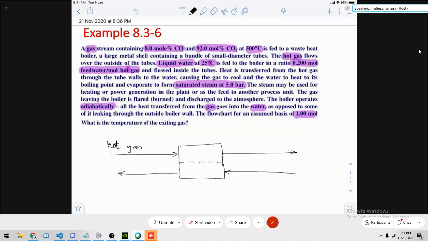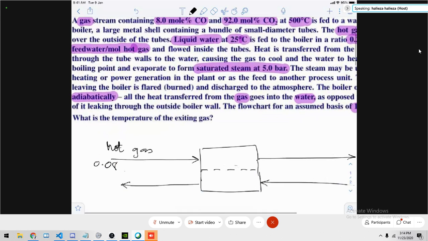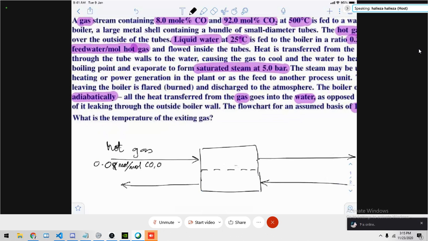You have 8 mole percent, 0.08 mole per mole of carbon monoxide, and the rest, 92% mole per mole, of carbon dioxide. The temperature is 500 degrees C. That's your hot gas.